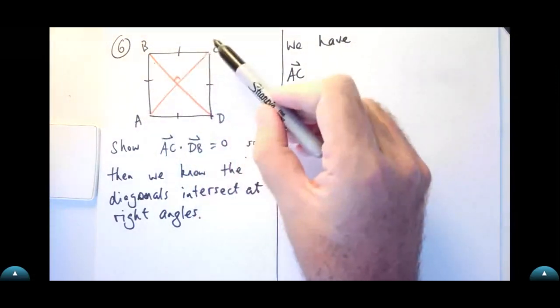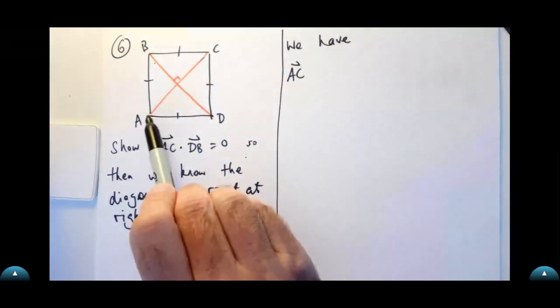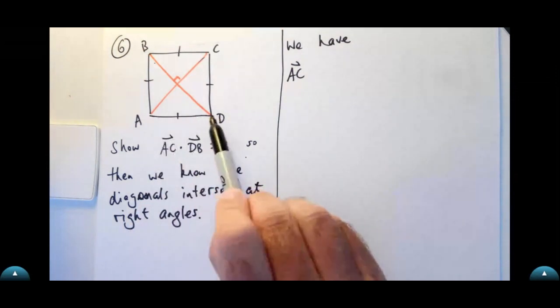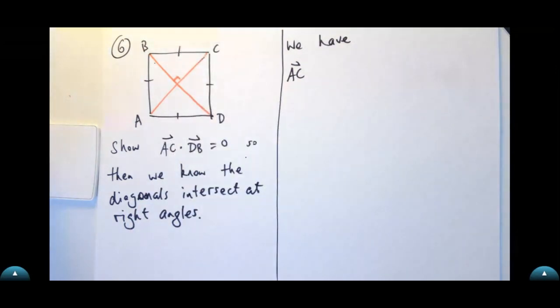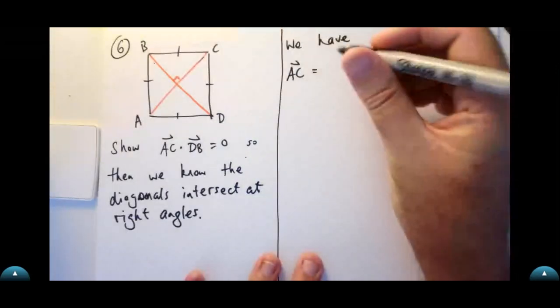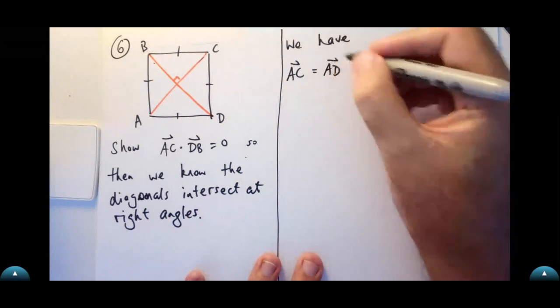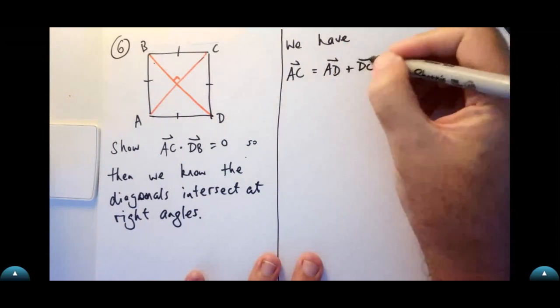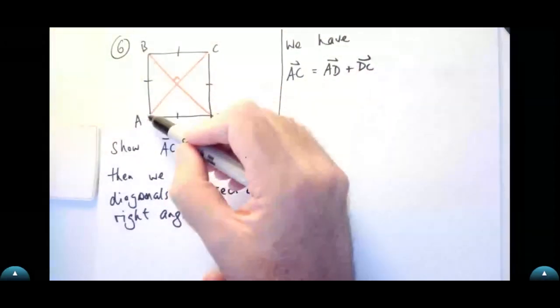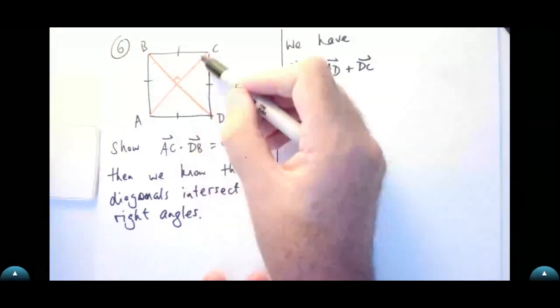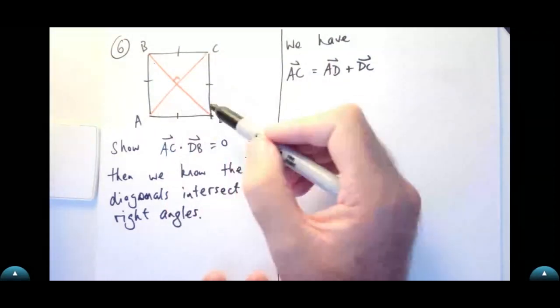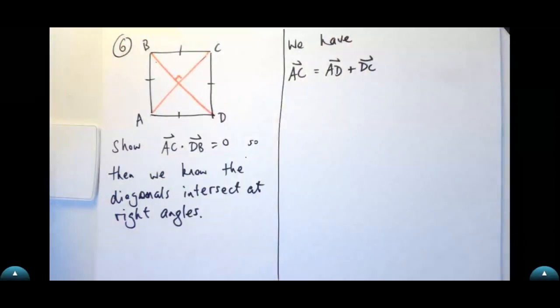So let's look at this diagonal first. I'm going to write that in terms of the vector AB plus the vector DC. Okay, so that's just the triangle law of addition. So to go from there to there, we go from here to here, and then here to here.